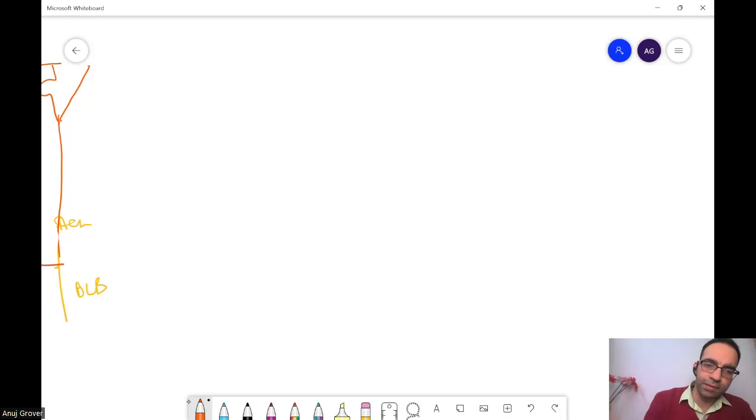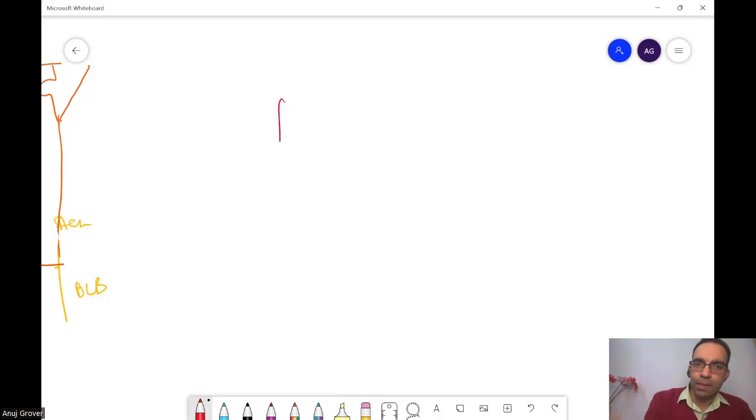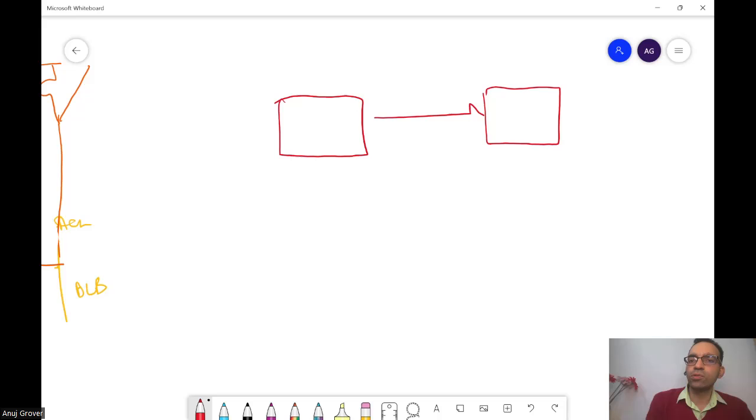So let us say I have processor 1, I have processor 2, and they are supposed to operate in sync with each other. They have different instructions, they have different stuff coming into them, but they are supposed to be in sync with each other.